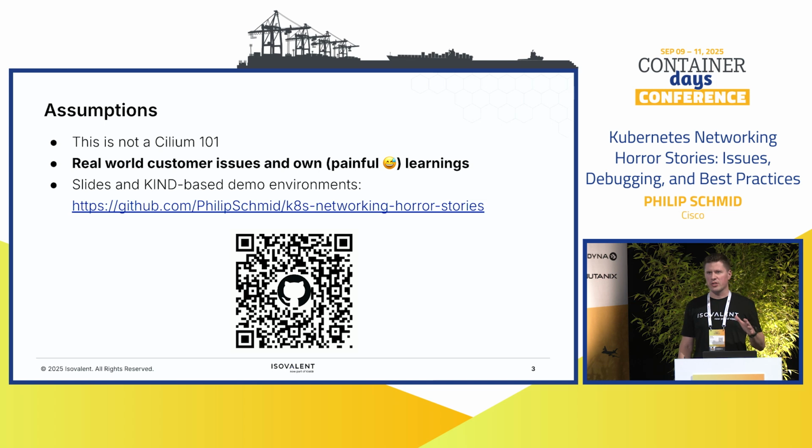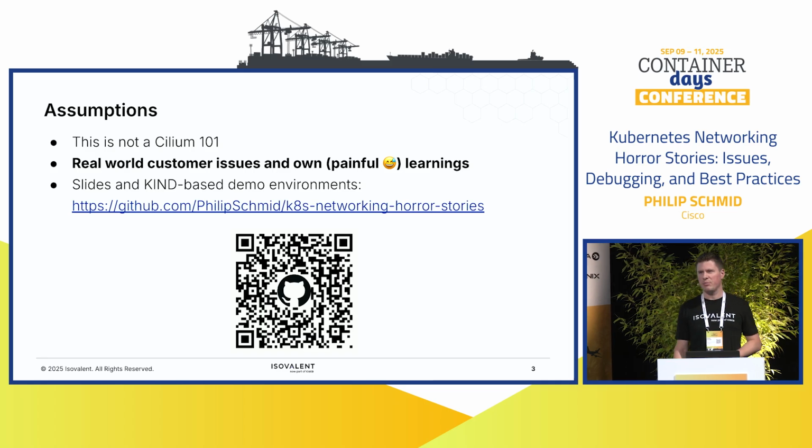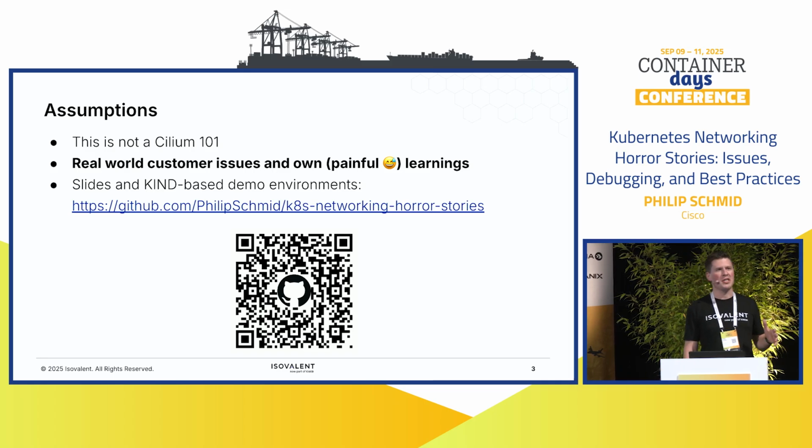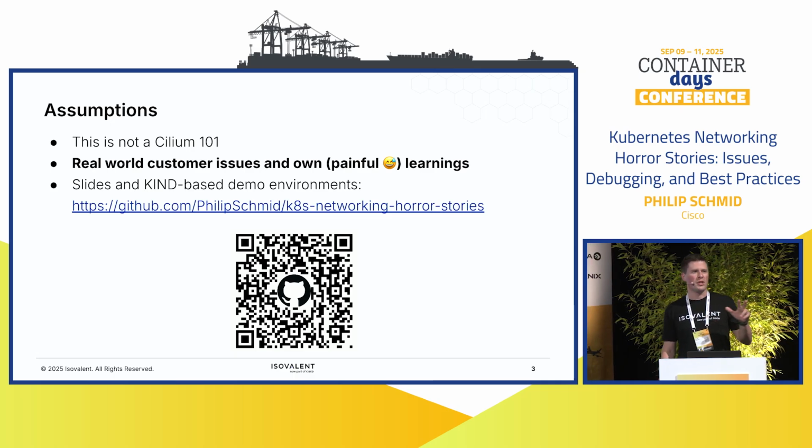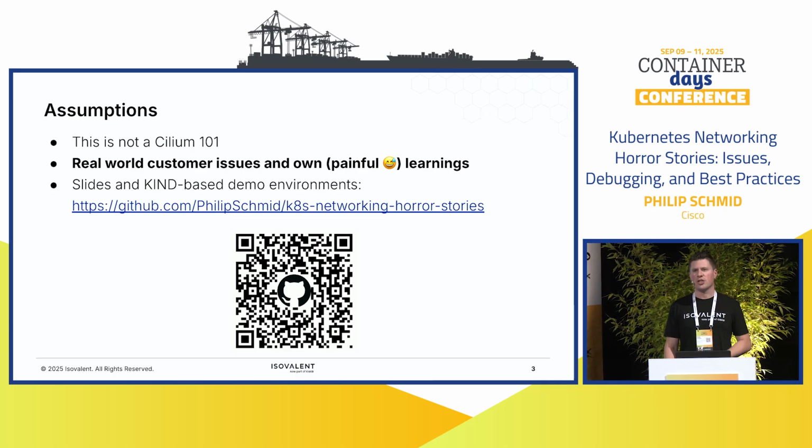Let's first clarify a few assumptions here, as this is for sure not a Cilium 101, and it's also beneficial if you have some basic understanding of Kubernetes networking. Now, the three shown horror stories are based on actual customer issues, but obviously I can't share customer names or specifics about their environment.